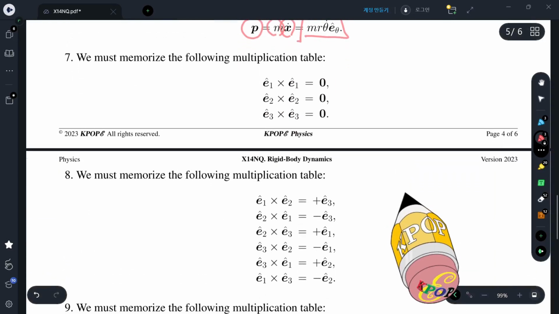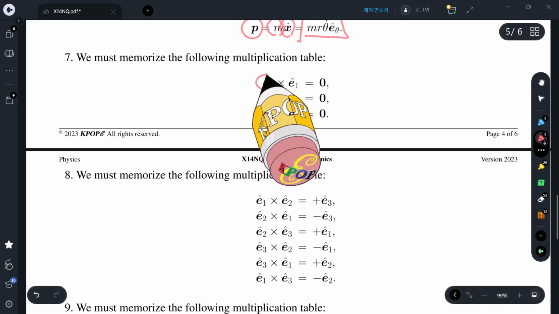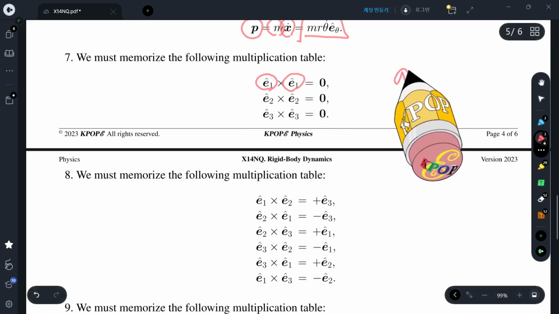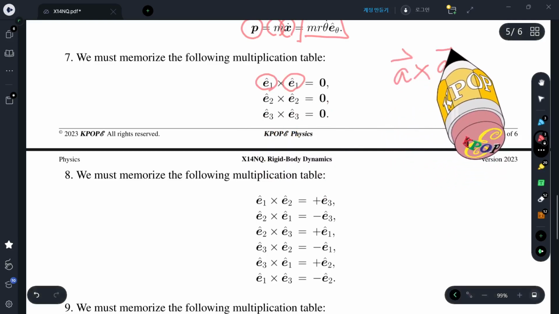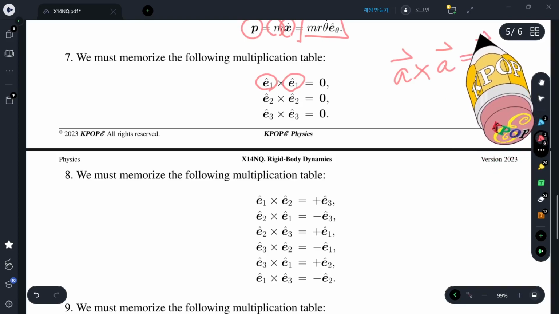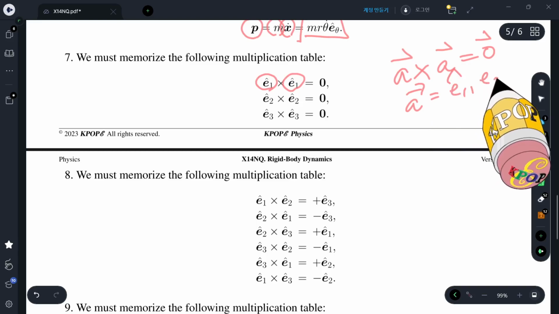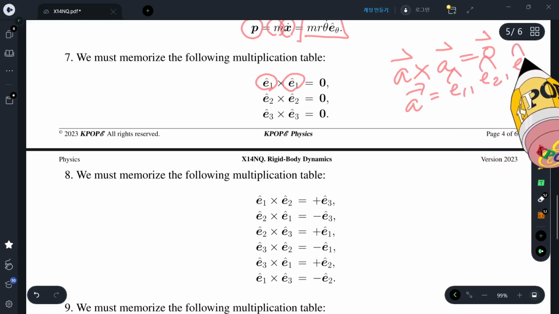Alright, you must memorize the following multiplication table for the cross products. Any cross product of parallel vectors, A cross A, equals 0. We substitute E1 hat, E2 hat, E3 hat.